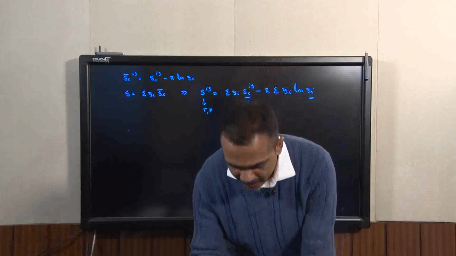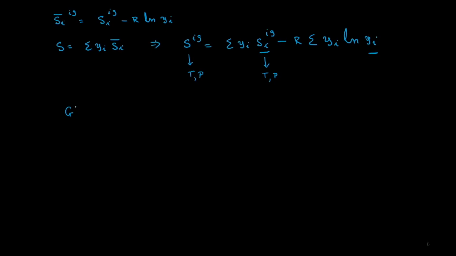We can also write the Gibbs free energy, which is of more interest to us because it is related to chemical potential, and phase equilibrium problems depend on chemical potential like we discussed earlier. The partial molar Gibbs free energy, mu_i^IG, is the same as the chemical potential, as you recall, and this will be Hi bar IG minus T times Si bar IG.